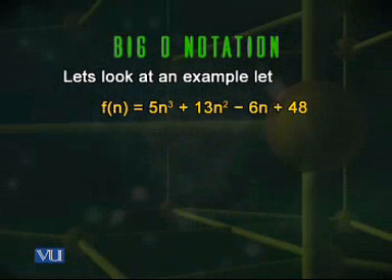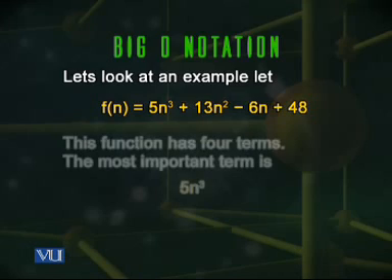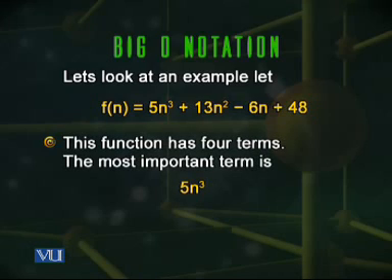Let's look at an example. Suppose that we have a function f of n that happens to be 5n cubed plus 13n squared minus 6n plus 48. This function has 4 terms. As you know from your pre-calculus and calculus classes, n cubed grows much faster than n squared and much faster than n. So if n is large, the bulk of this function, the total sum in this function, comes from the term 5n cubed.